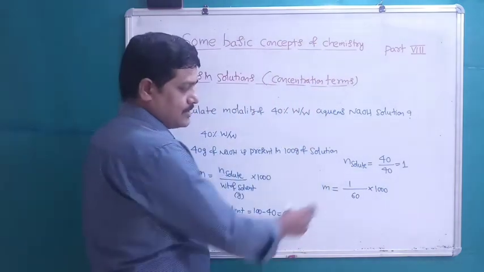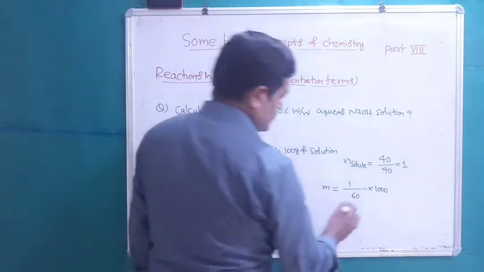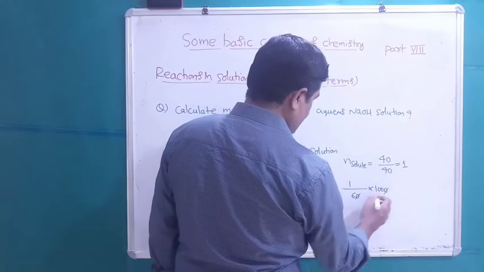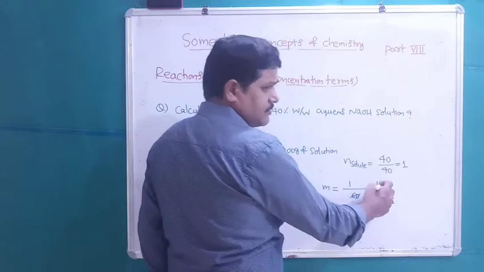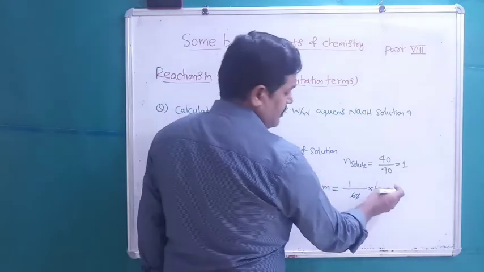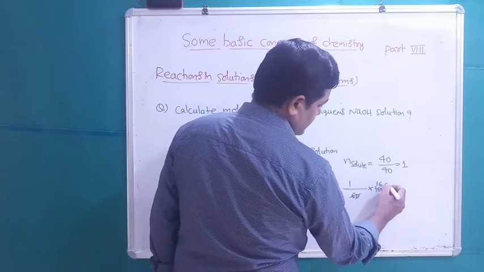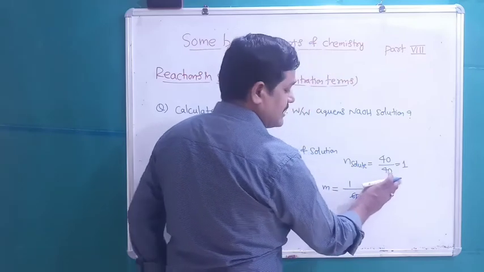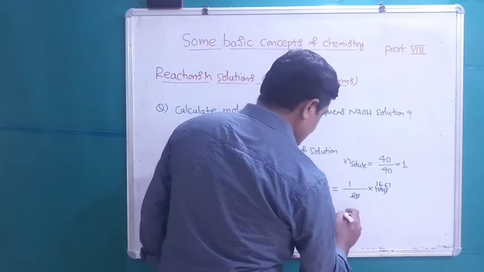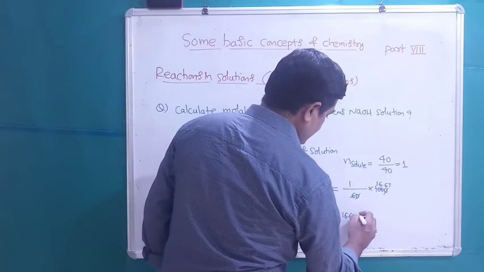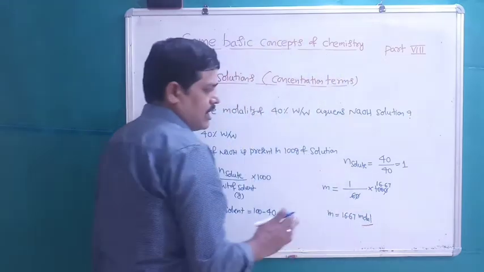Simplified, the zeros get cancelled, so we get 100 divided by 6, which is 16.67. Molality is 16.67. We can call it 16.67 molal. Molality is called molal, right?